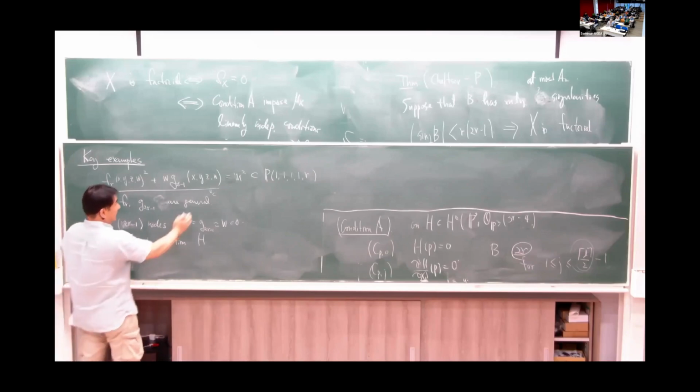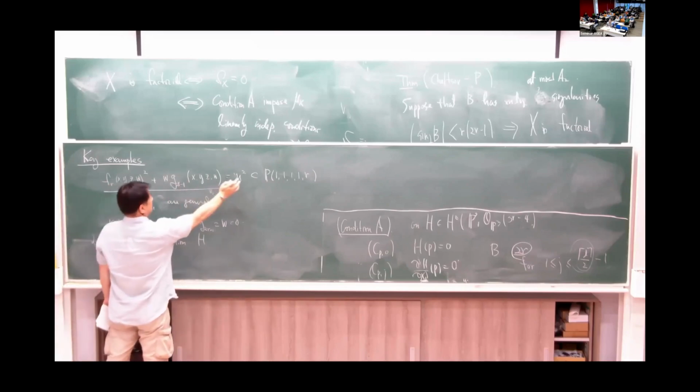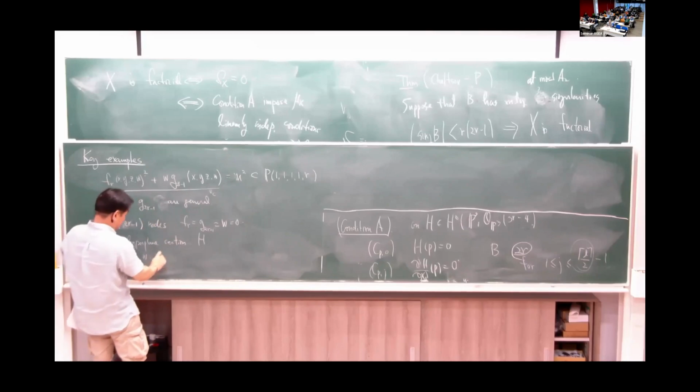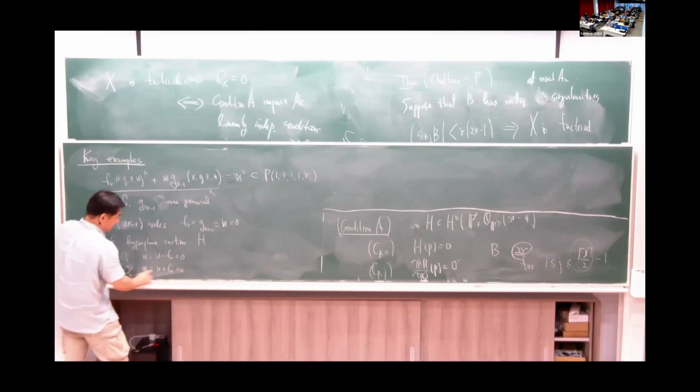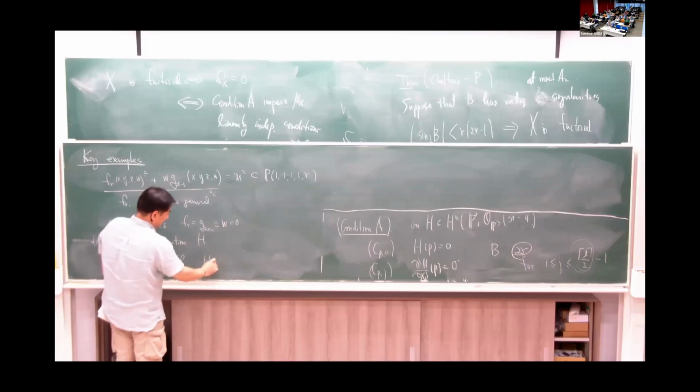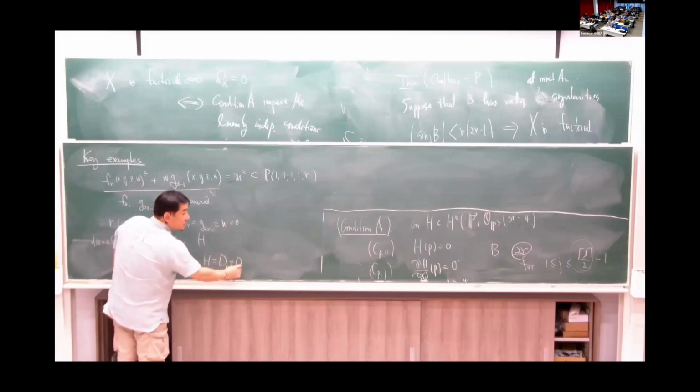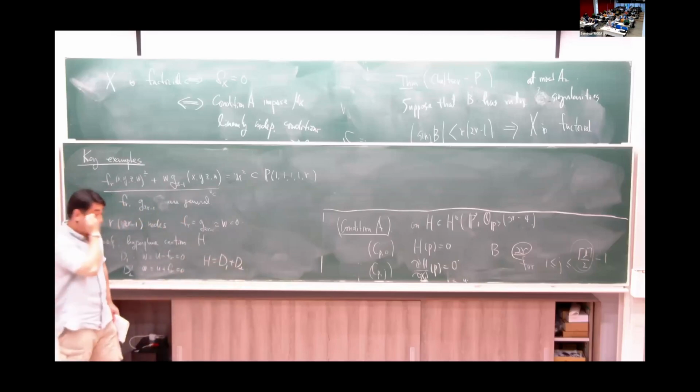If W is 0, then you have U squared and F squared. So that implies this, and you have R equal to 0. This is D2, and you have this decomposition D1 plus D2. All right.